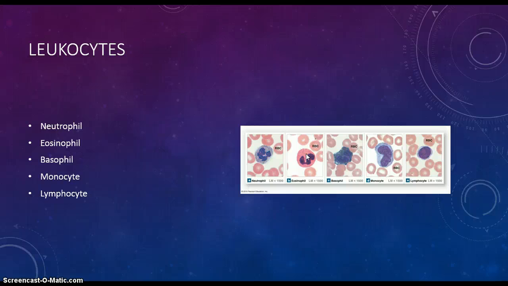But if it's a really large parasite, it will produce cytotoxic chemicals, cell toxic, it's going to kill them. Cytotoxic chemicals that then will destroy those large parasites. These cells typically are increased in number during an allergic reaction as well.